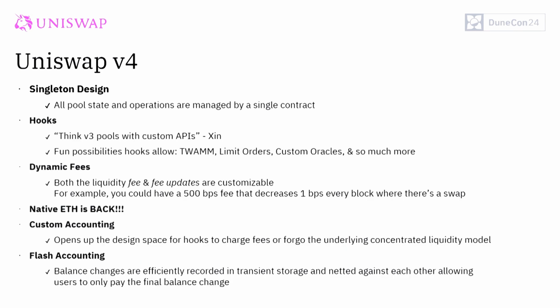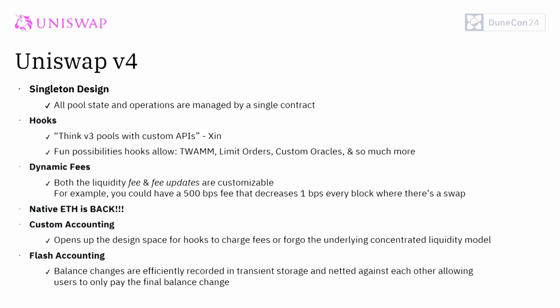Okay, so let me quickly talk about the design and architecture principles of V4 and how they're different from V3 specifically. There is a singleton design, meaning the entire V4 will be one smart contract, and all you have to do is understand the inner workings of it.